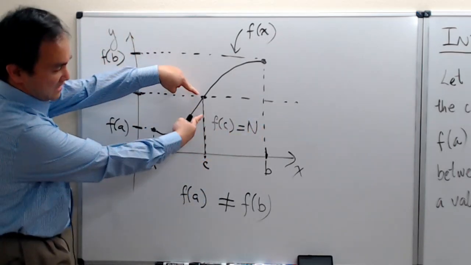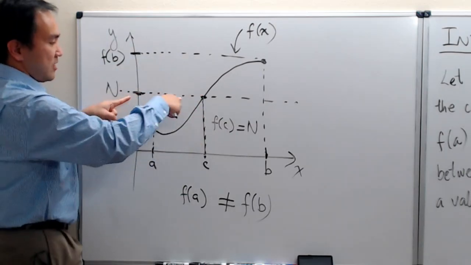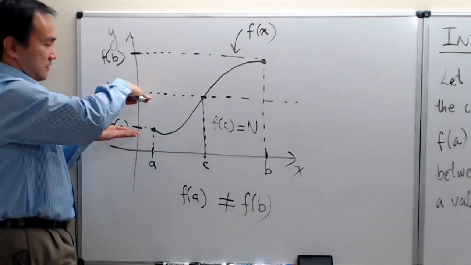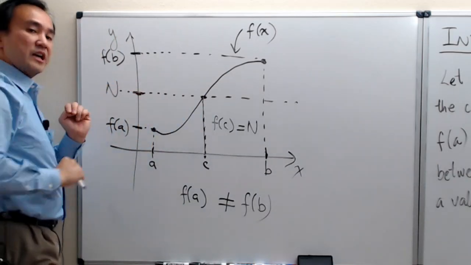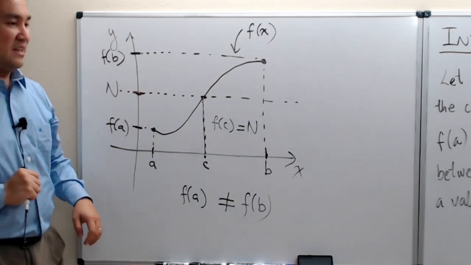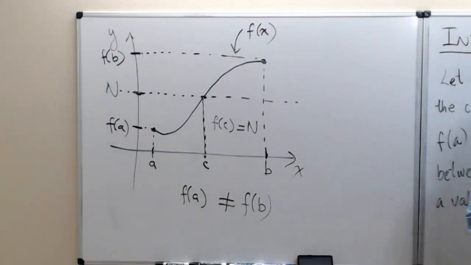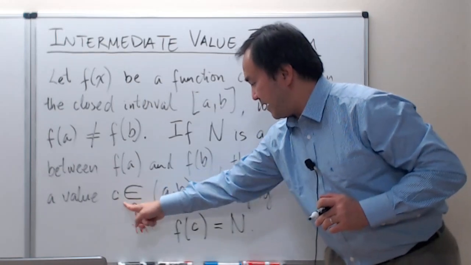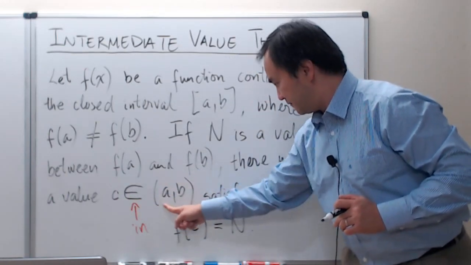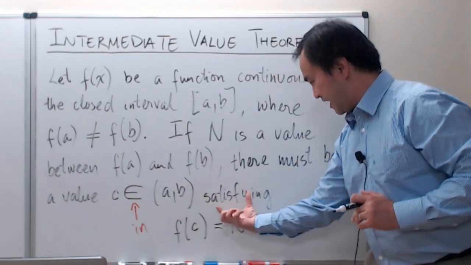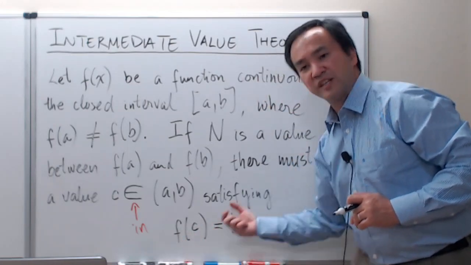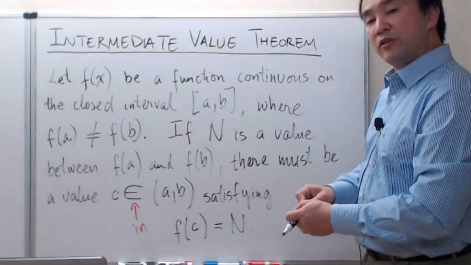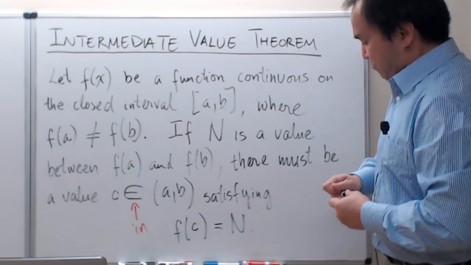You see how the height is exactly meeting with that horizontal height, horizontally at y equals n. Okay, and that is how we can always find a value c inside of that horizontal interval satisfying that f of c equals n. And so this is how the intermediate value theorem is worded.